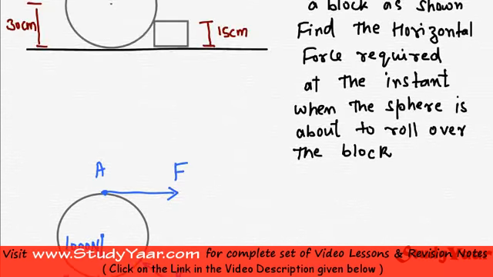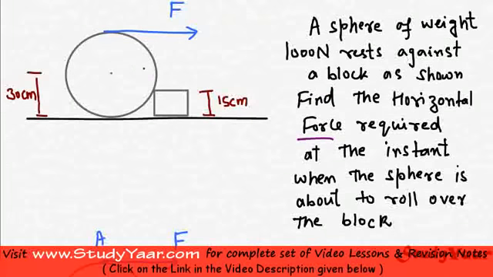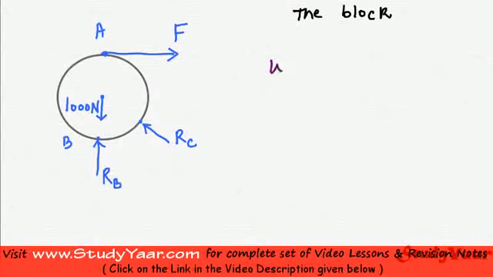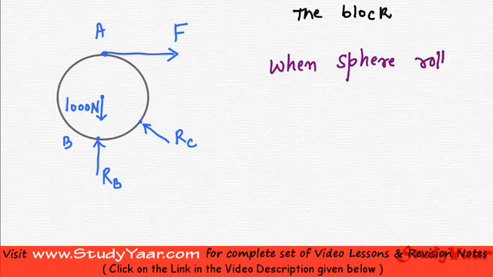The question asks us to find the force at the instant when the sphere is about to roll over the block. When the sphere is just about to roll over this particular block, it momentarily lifts off the ground. At that instant it loses contact with the ground, right? So we are going to say that when the sphere rolls over the block, it loses contact with the surface.